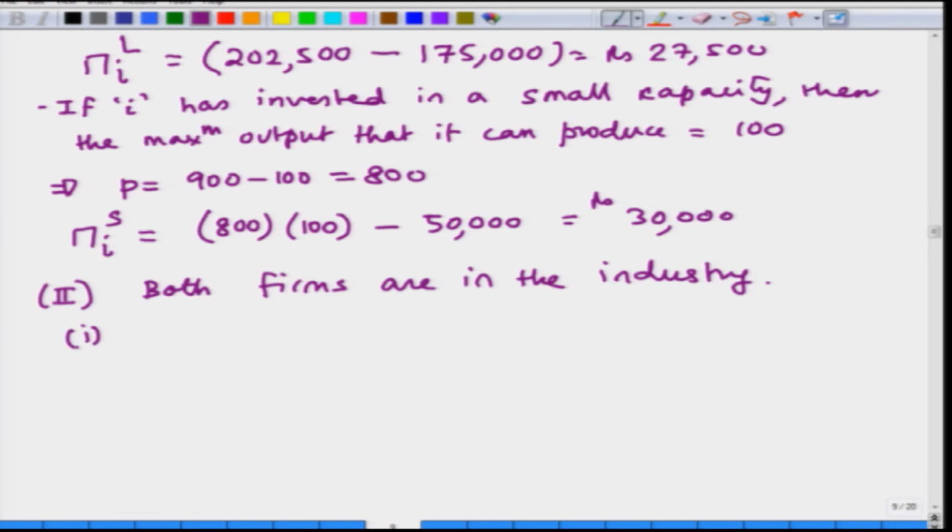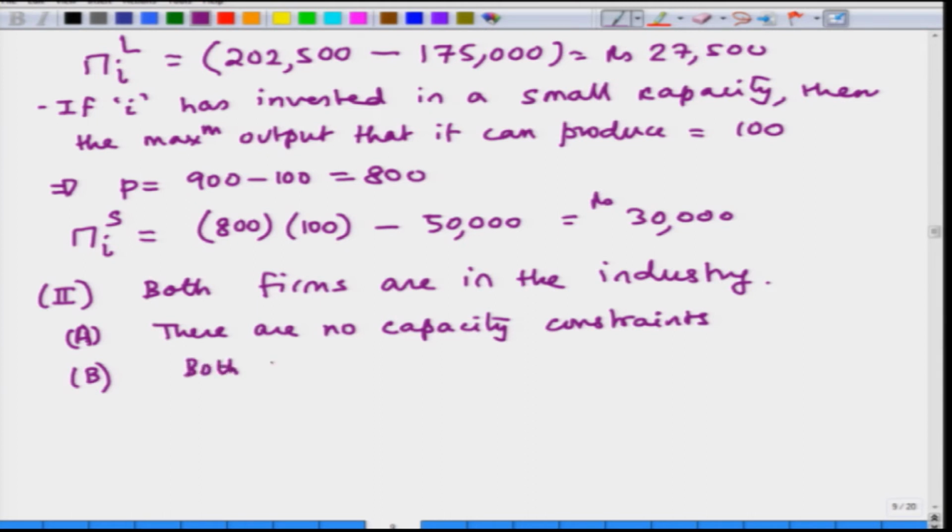The first sub case, let us call it 2A, is that there are no capacity constraints for both the firms. 2B would be that both the firms are capacity constrained, and case 2C would be where one firm is capacity constrained, but the other is not.